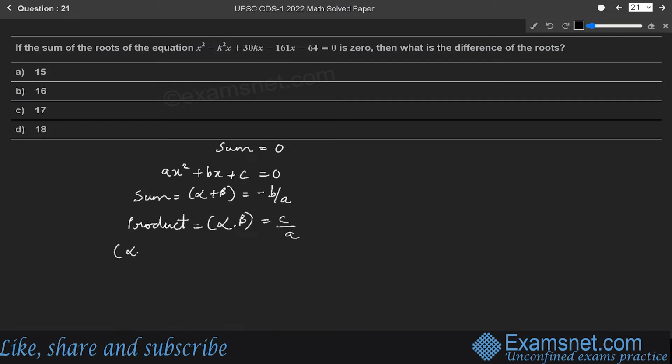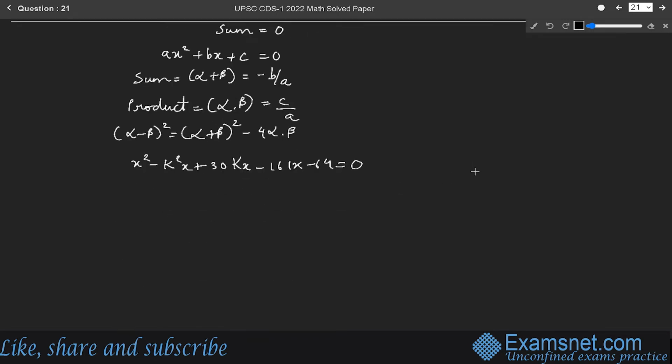Also, alpha minus beta whole square is equal to alpha plus beta whole square minus 4 alpha into beta. This is a formula. Now we have the equation in the question, which is x square minus k square x plus 30kx minus 161x minus 64 is equal to 0. This is the given equation.